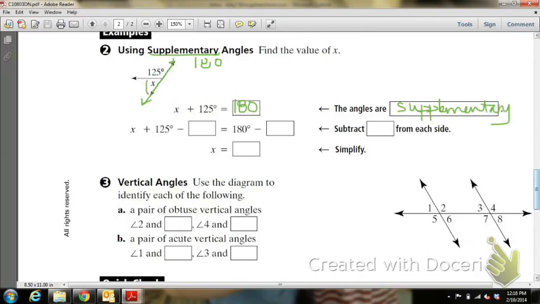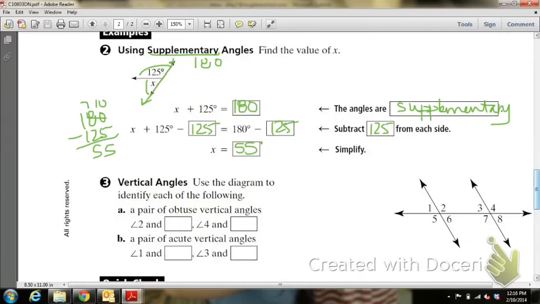So x plus 125 should equal 180. So I'll subtract 125 from each side. And 180 minus 125 is 55 degrees.